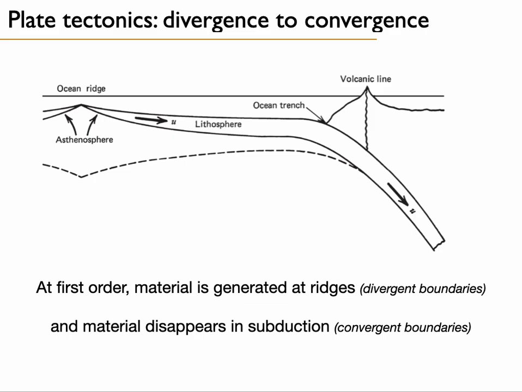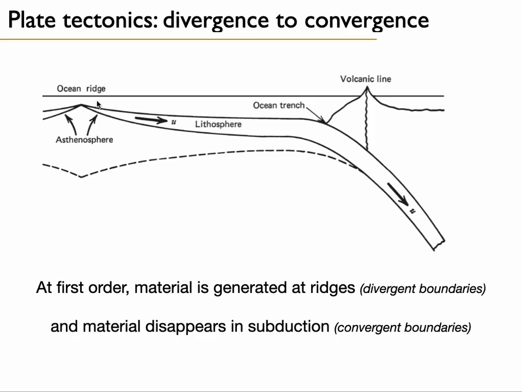So let's discuss plate boundaries, and we go down to the simplest, two-dimensional vision of a plate tectonic system. At first order, we have oceanic ridges. This is where material is upwelling and where oceanic lithosphere is generated.